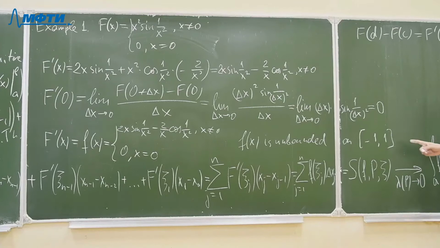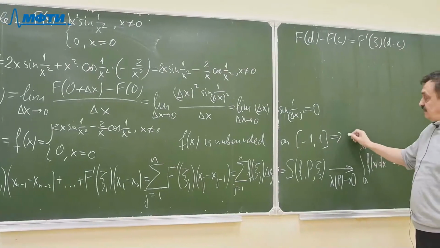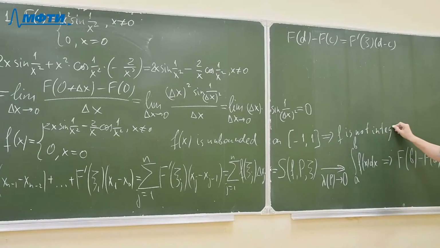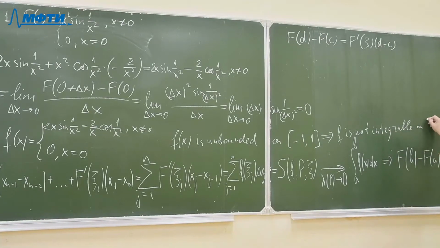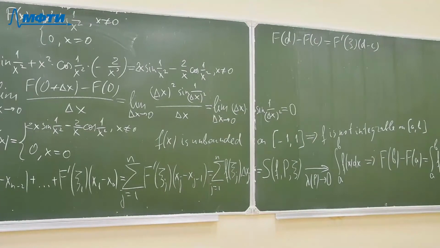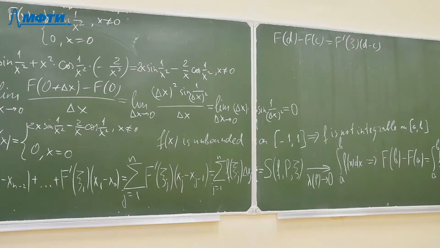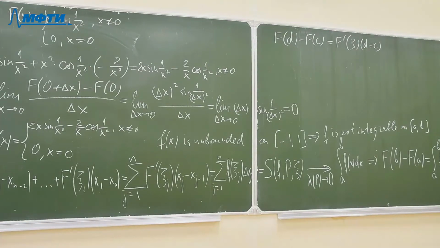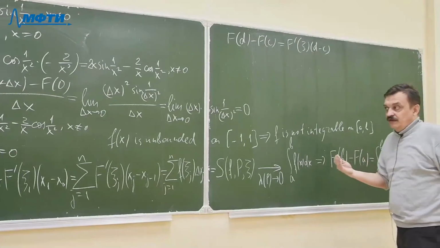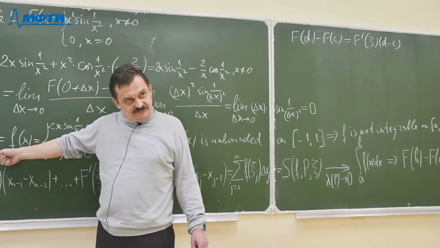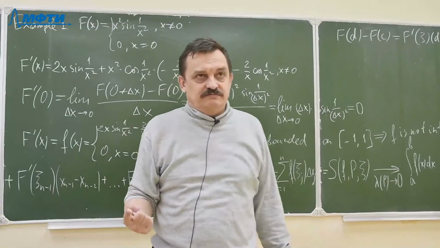And if f is unbounded, then f is not integrable on AB. We know there is a necessary condition for a function to be integrable: it should be bounded. And little f is unbounded. So you see, little f has a primitive, but it is not integrable.